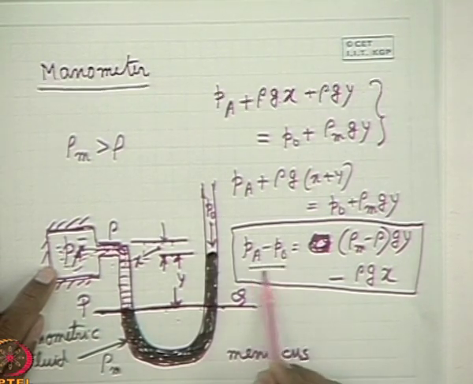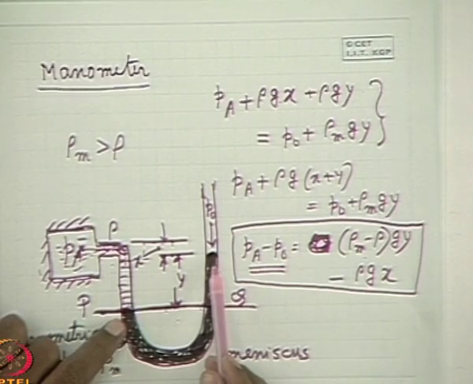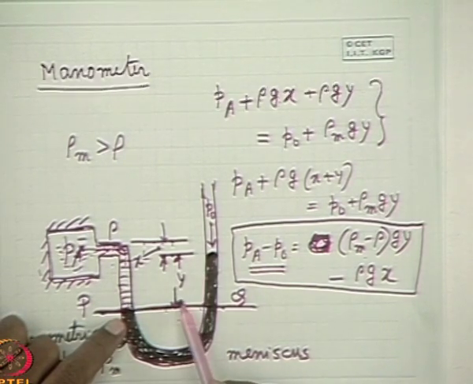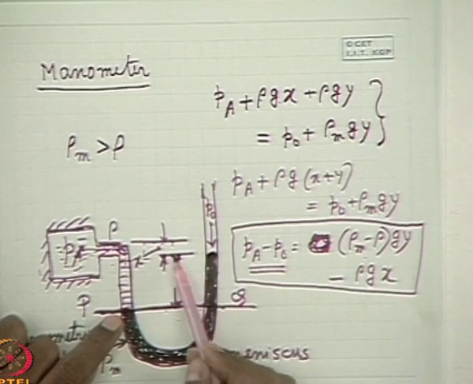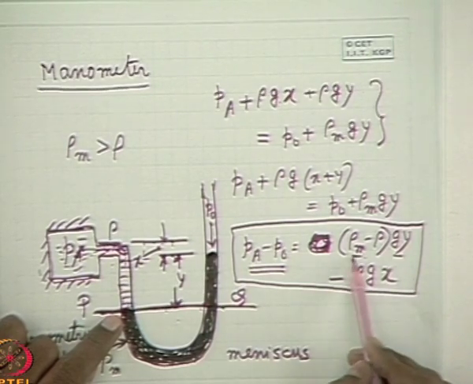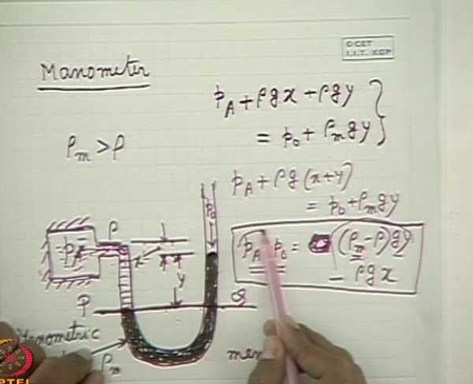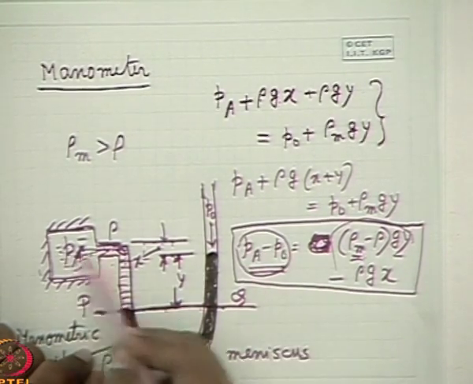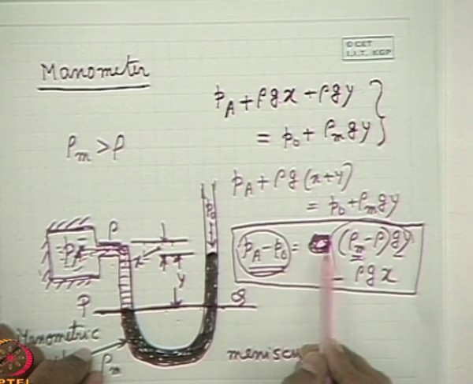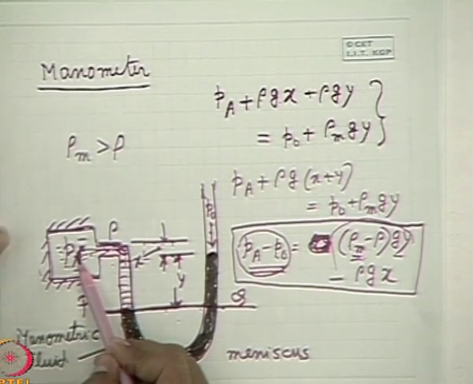We are always measuring the gauge pressure from the manometer deflections. That means, reading the deflection of this meniscus and the free surface, and knowing the densities of the manometric fluid and the working fluid, we can only find out the difference of this pressure from the ambient pressure. Until and unless we know the ambient pressure, I cannot find out the absolute pressure.